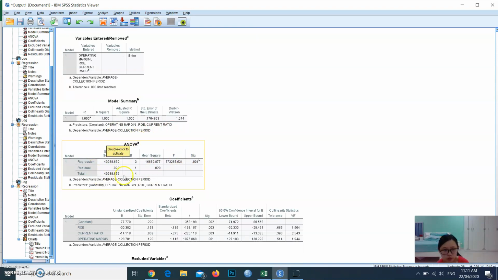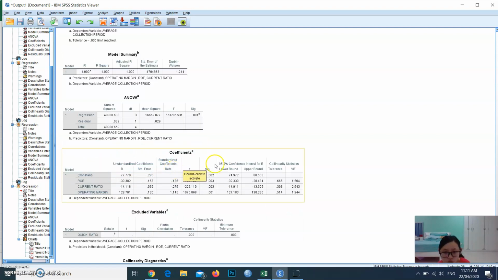From this table, we can see whether this model is significant or not to the dependent variable. In our case, it's significant because less than 0.1, and 2 stars because less than 0.05. So we can use it, it's a more suitable predictor.